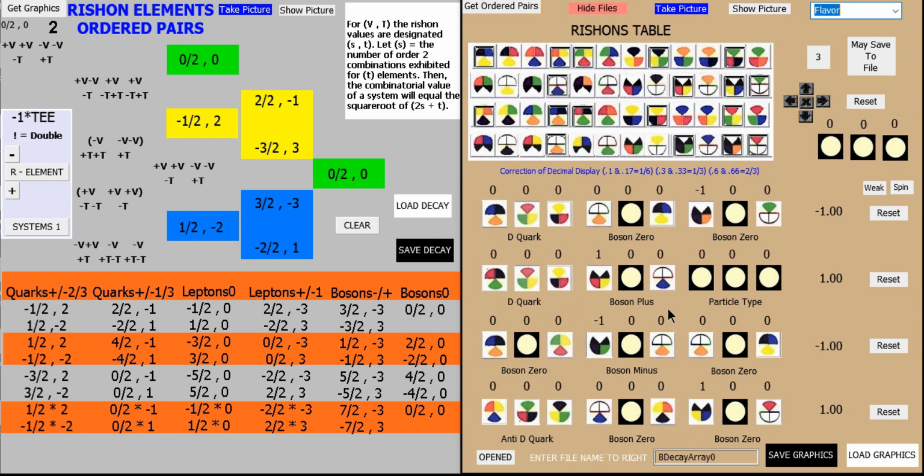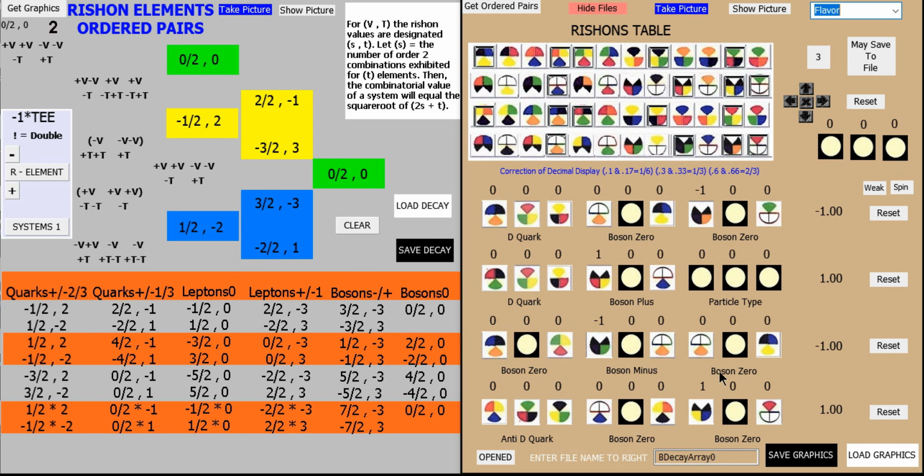Now, we can see that on the W we actually have this -1, and we also have this -1, and so we actually have -2 flavor being carried away by the W boson.